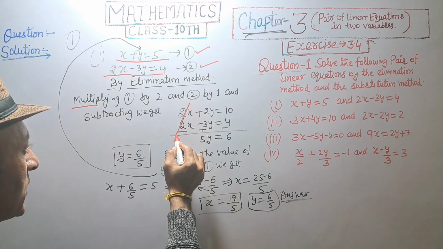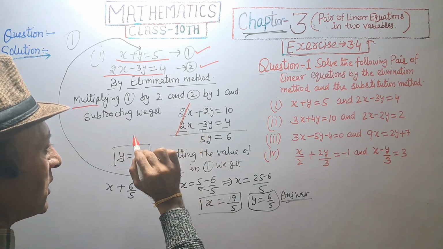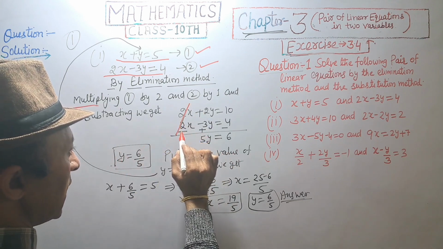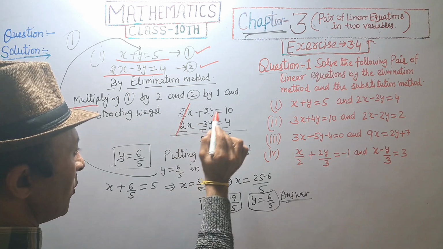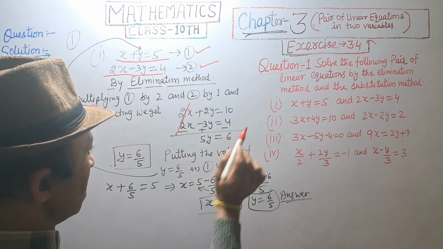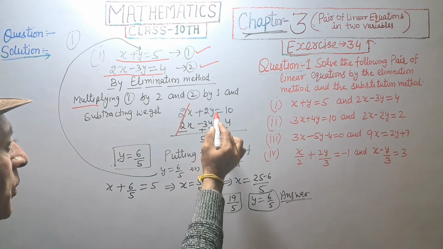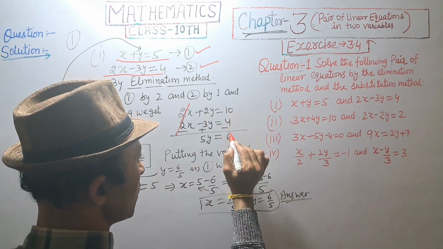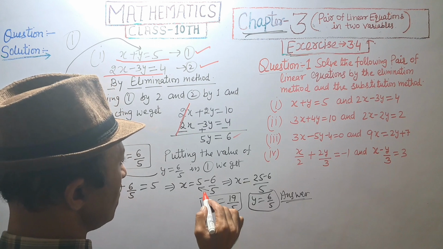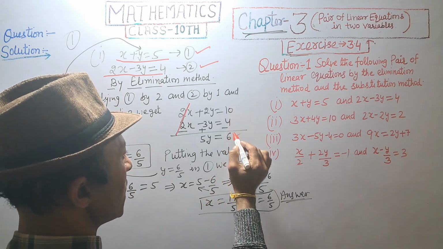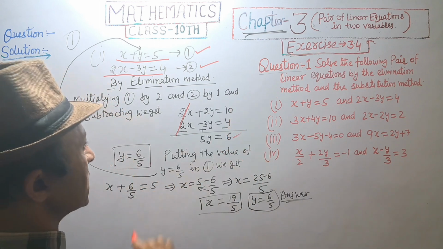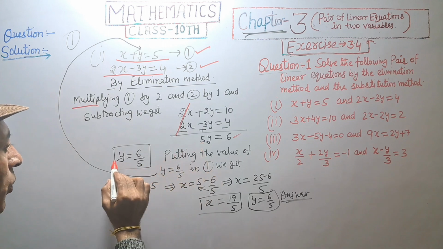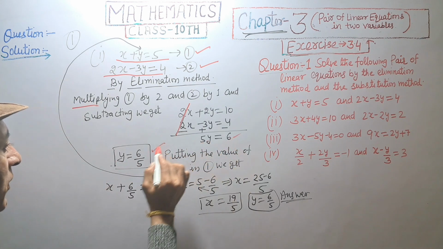And 2x is cancelled, subtracting, sign change, plus that will be minus, minus that will be positive. 3y plus 2y equal to 5y, 10 minus 4 is equal to 6, and y is equal to 6 upon 5.